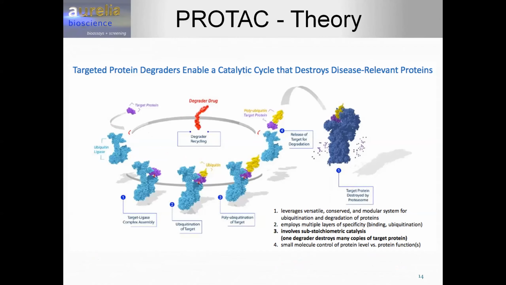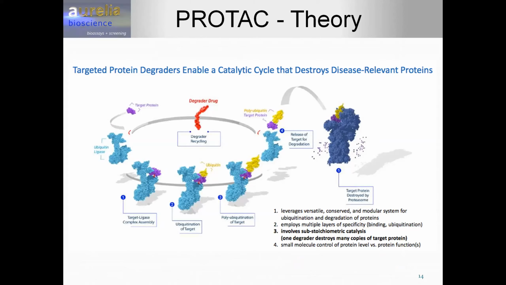The last thing I wanted to move on to is something called PROTAC. PROTAC stands for proteolysis targeting chimeras. These molecules, shown in red there, are called degrader drugs. They bind to your target of interest, and through a linker, they have another binding site which binds to ubiquitin ligase.